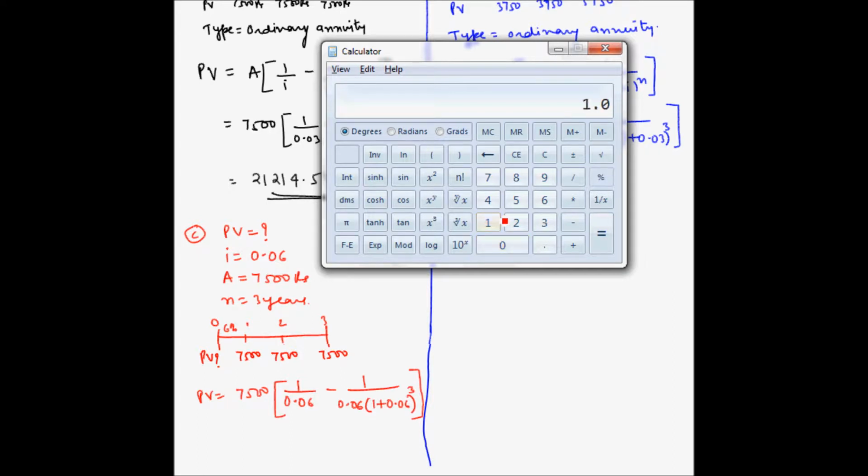So 1.06 cube into 0.06, and the reciprocal of this, so 1 by x, and this is negative, and then plus 0.06 reciprocal, so 0.06 1 by x is equal to, and then multiplied by 7500. So this is equal to 20047.59 rupees.